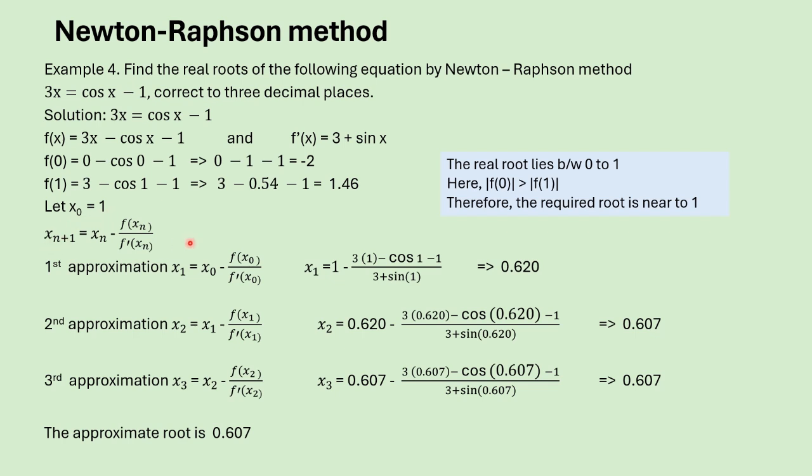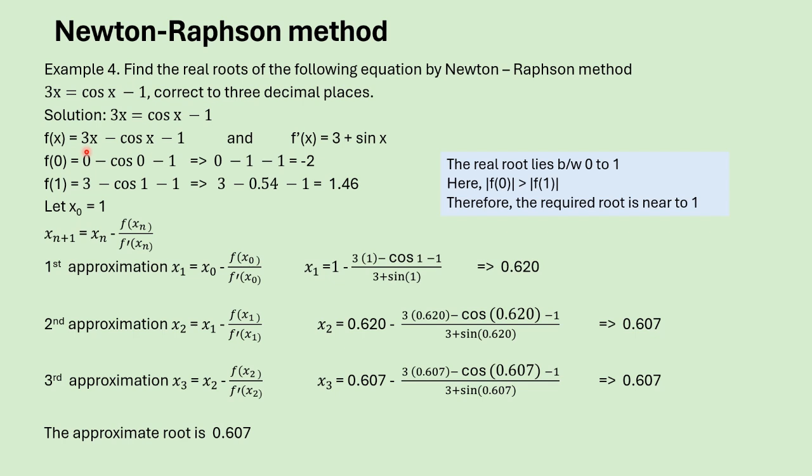Now we'll start iteration. x1 is equal to x naught minus f of x naught by f dash x naught. Now value of x naught is 1. So substituting the value, we have put it here. And for f of x, we'll put the value of x naught, which is 1.